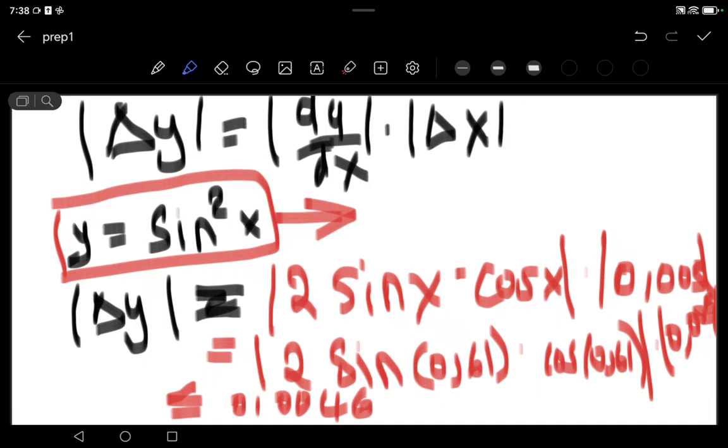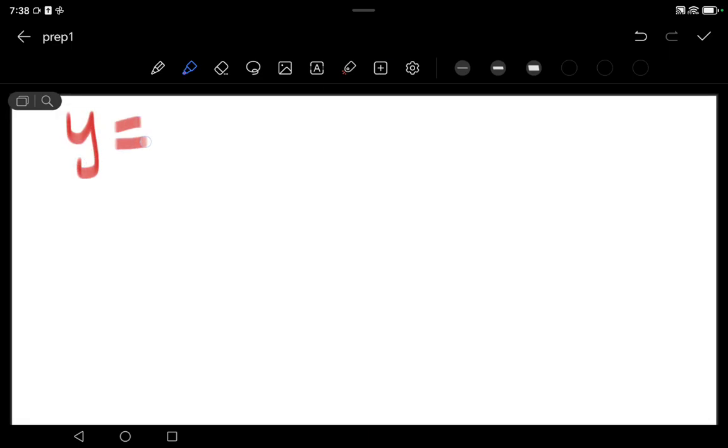Okay, and then after getting your answer, we're going to move forward. We're going to take this y is equal to sine square x. After writing it down, you're going to substitute the value of x, which was 0.61.